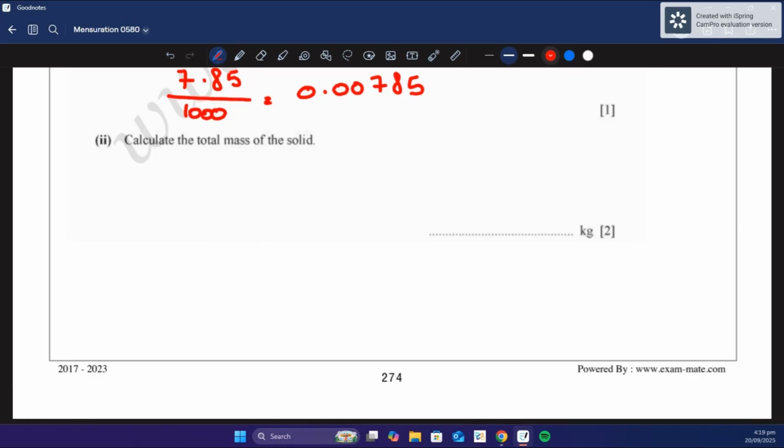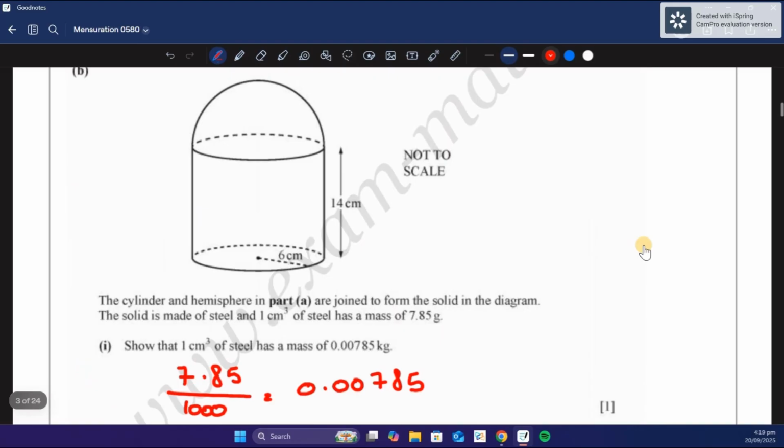All right, how are we going to do that? We're going to do that by finding out the volume. So the total volume of the solid is the volume of this part, the hemisphere, and the volume of this part.